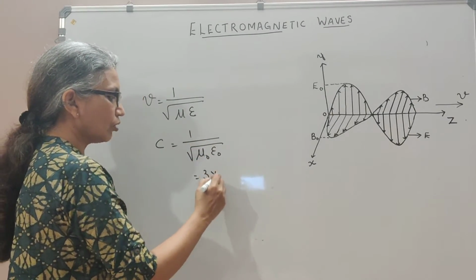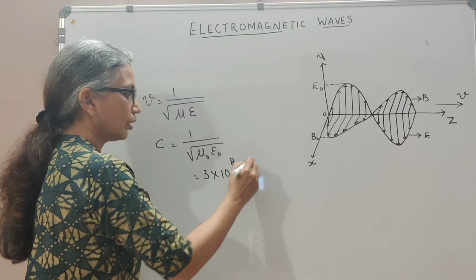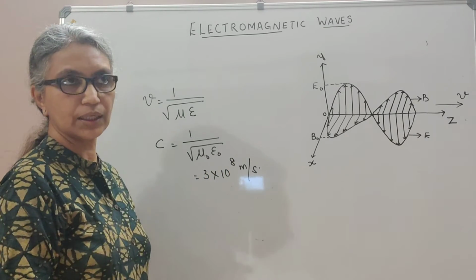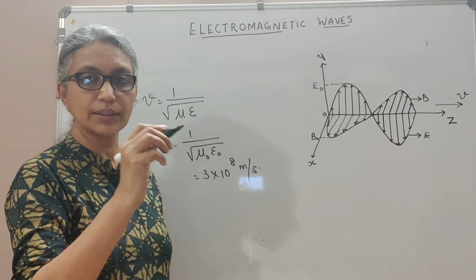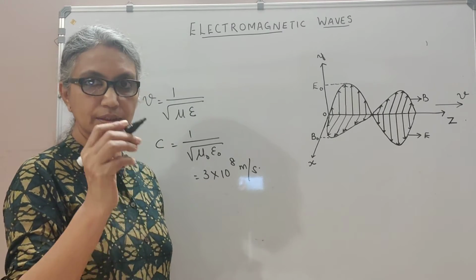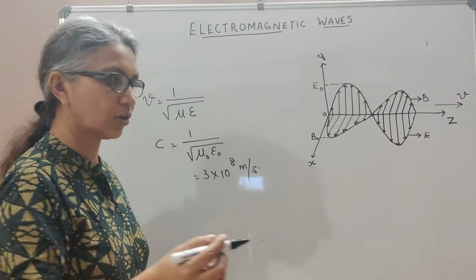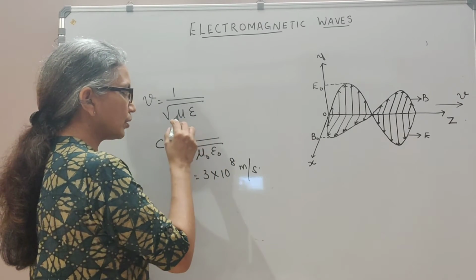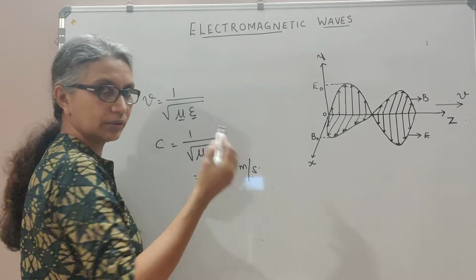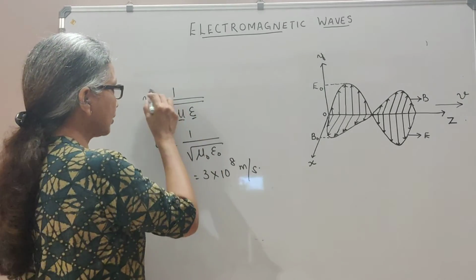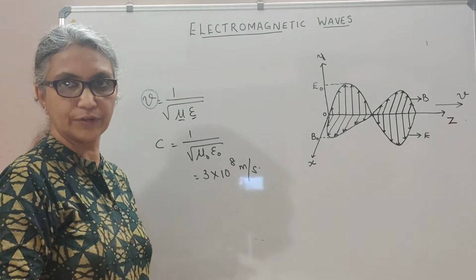In free space, they all travel with the same velocity, 3 into 10 raised to 8 meter per second. That is why in 10th standard, when you learned light, you would have learned that as light enters a denser medium, its speed decreases. It's because as the medium changes, the permeability and the permittivity of the medium change, which changes the speed of that electromagnetic wave.